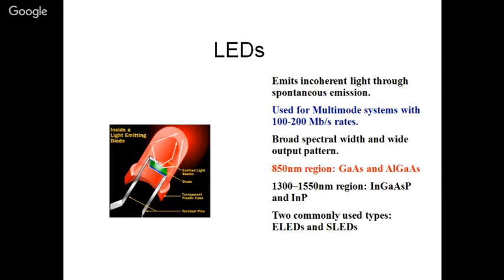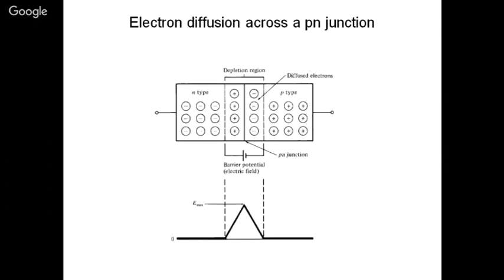And depending upon what the two materials are, P and N doped, the color of the light depends on the material that you use. So you have a broad spectral light from this PN junction.